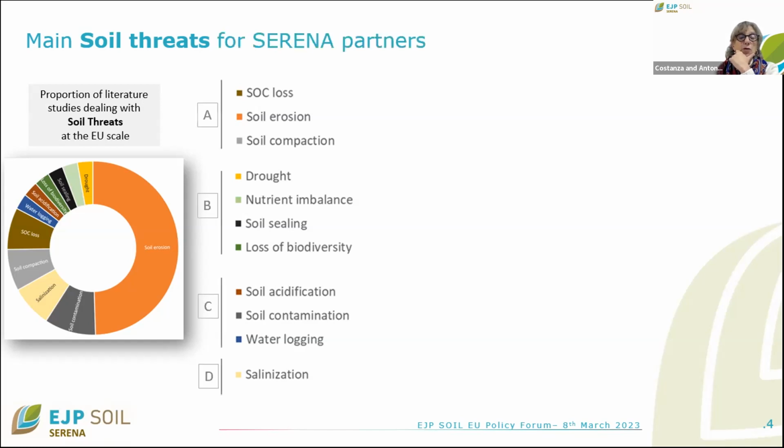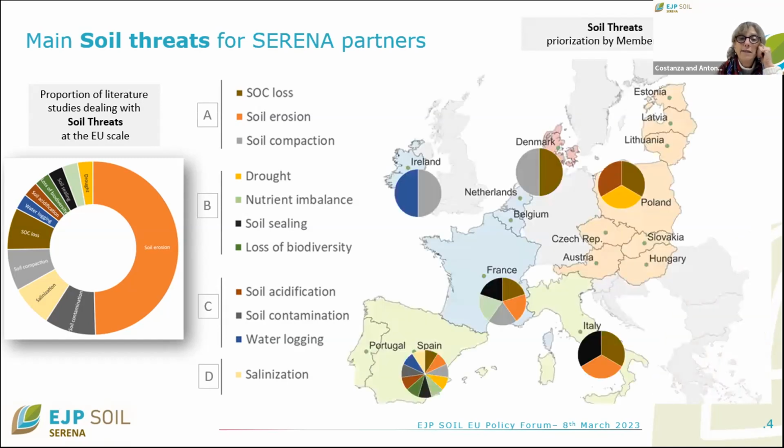This has been classified in those classes for participating countries in Serena. This is the result not for all the countries participating, because we have many more, but for representative regional and climatic areas of the consortium.